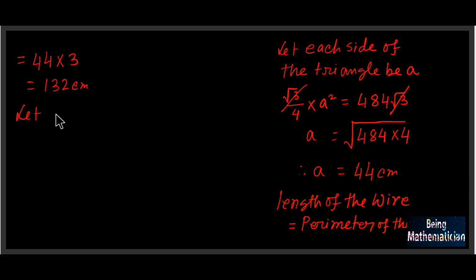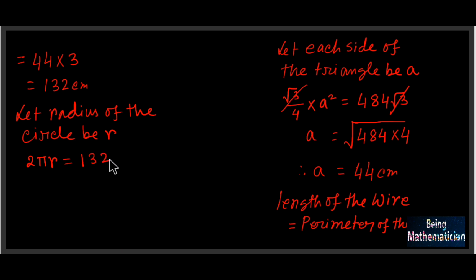Let the radius of the circle be r. So the circumference of the circle is 2 pi r, which must be equal to 132. Now r is 132 into 1 by 2 into 7 by 22. Now 22 6s are 132 and 2 3s is 6. Therefore r must be 21 centimeter.